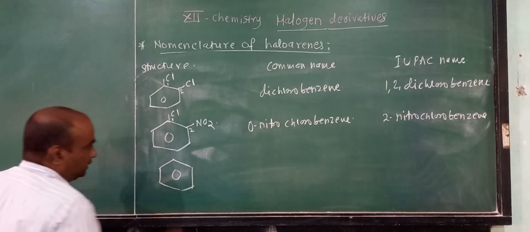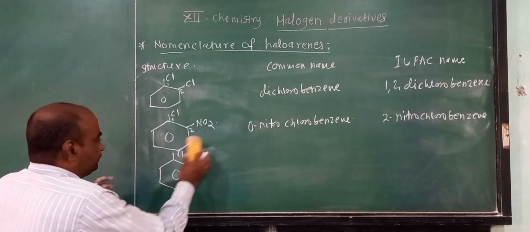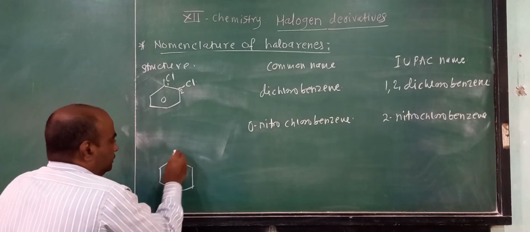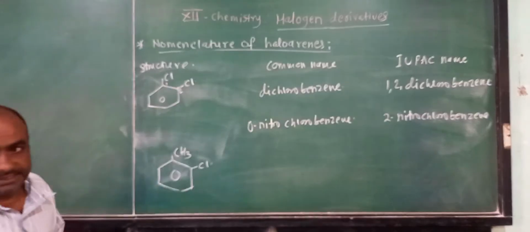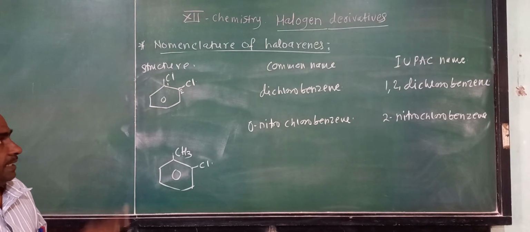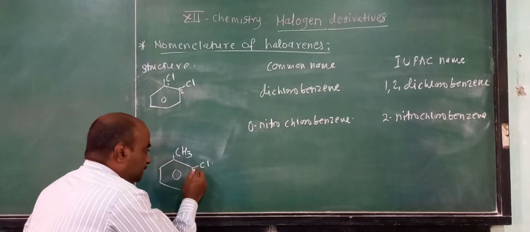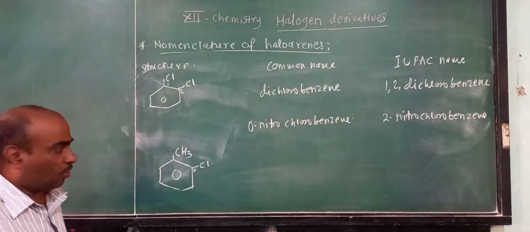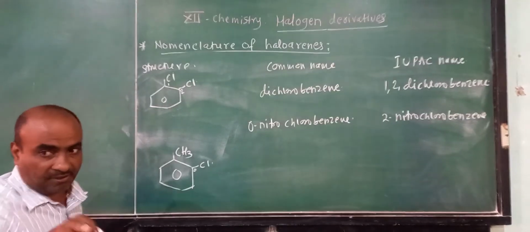Let us write some other names. Suppose this is the benzene and a methyl group is substituted there, and here a chlorine atom. Then the common name of this compound: this position will be ortho, and the total structure is considered as toluene.